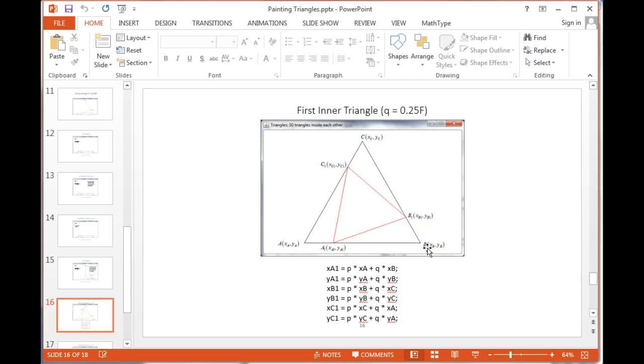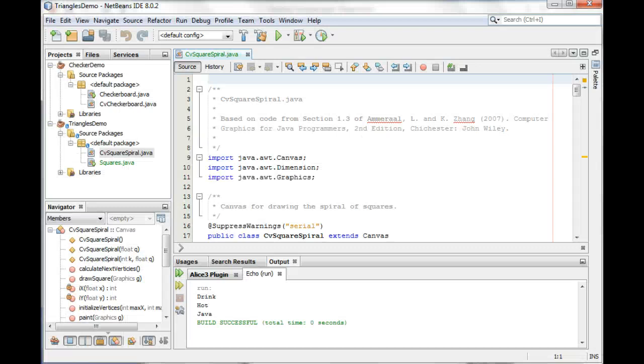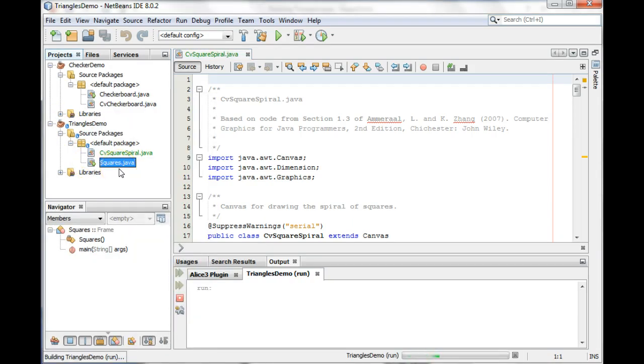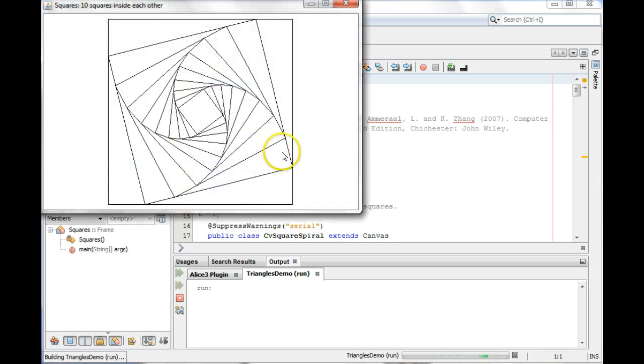So let's take a look at, maybe it'll be clearer if I show it. So right now, I'm going back to our project from part 1 with the CV square spiral. Let me just run this one real quick. So we have a square, and this is length q, this is length p, okay?